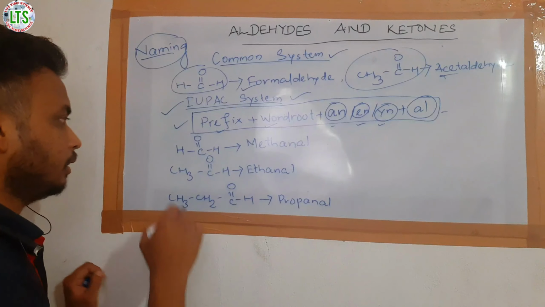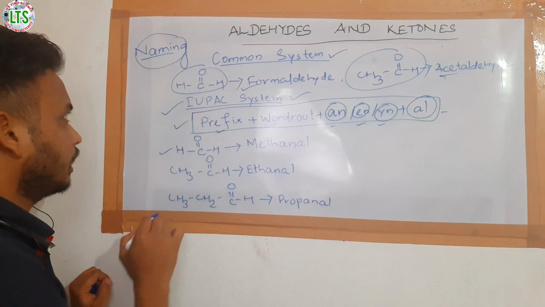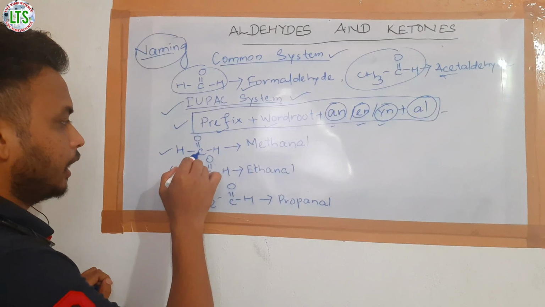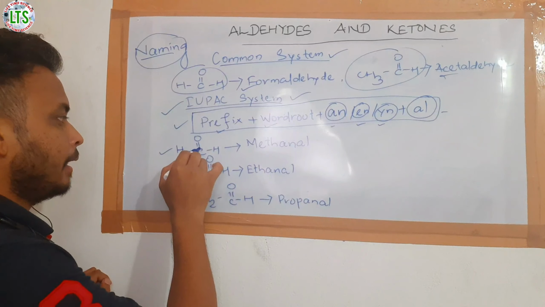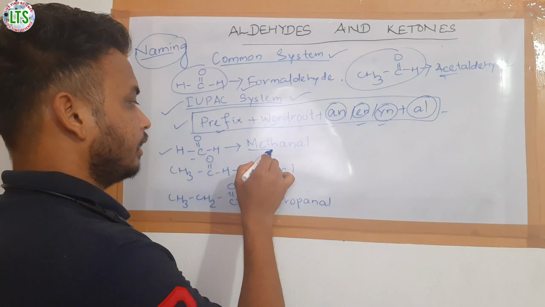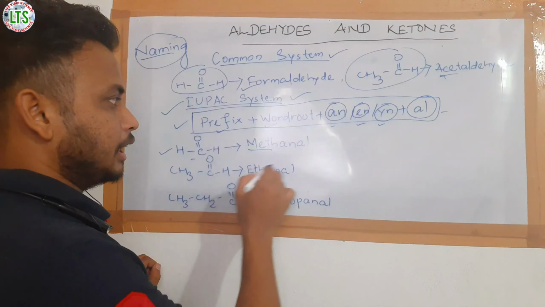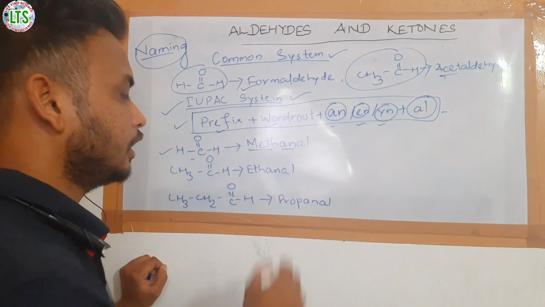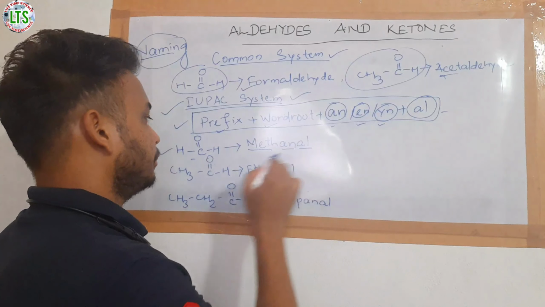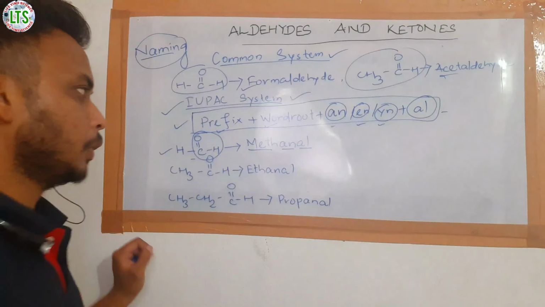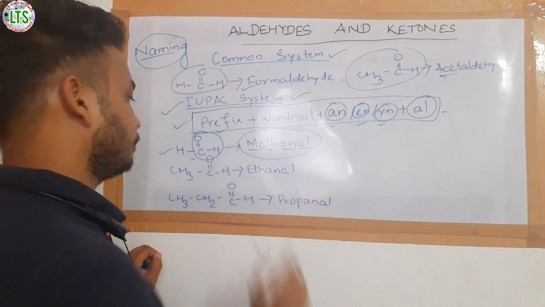For example, in the compound HCHO, there is one carbon atom and no prefix, so the word root is meth. There is a single bond, so we write AN, and the suffix is AL because the aldehyde group CHO is present, so the name is methanal.